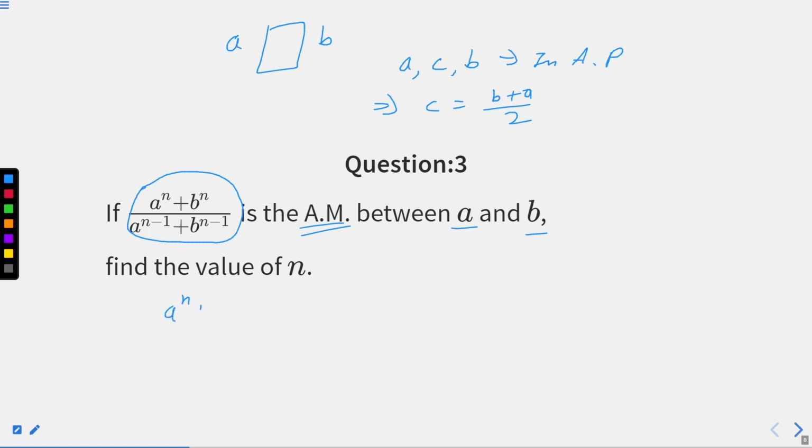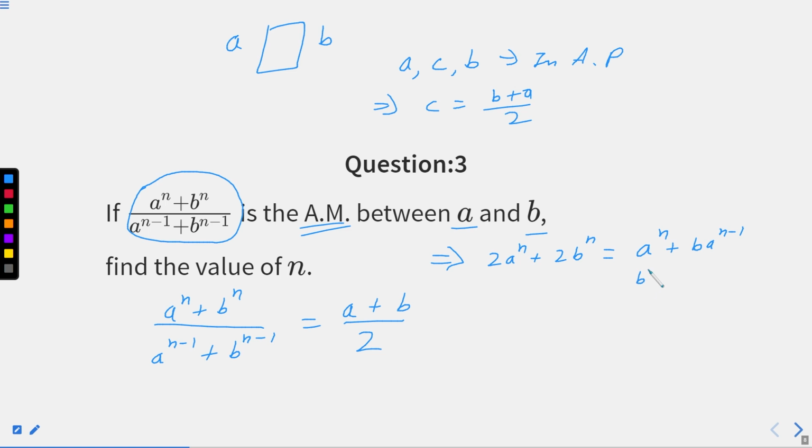So (A^n plus B^n) by (A^(n minus 1) plus B^(n minus 1)) is equal to (A plus B) upon 2. Okay, now solve further. 2 times A^n plus 2 times B^n is equal to A^n plus B·A^(n minus 1) plus B^n plus A·B^(n minus 1).